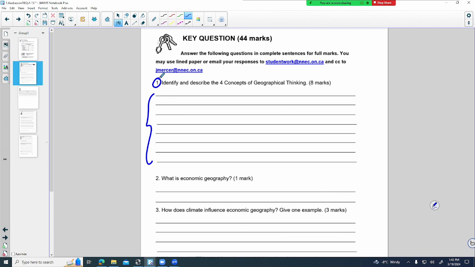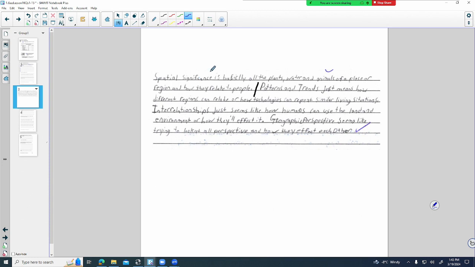You just simply label it. So if you're doing the key question, here's an example of what the student did. This is for lesson 1, so you would just put lesson 1, write down the key question number. So key question 1, so I know which question you're answering. And of course, don't forget to put your name on top so I know who it's from.